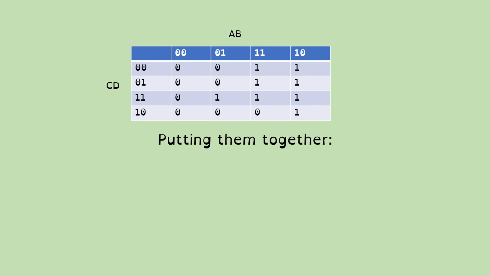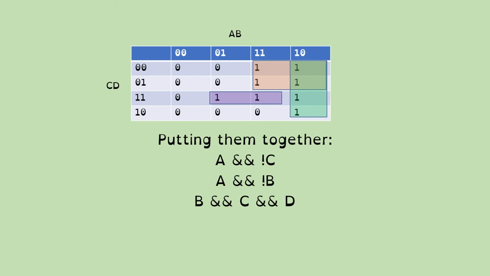So what we're going to do is combine these three regions to get our final Boolean expression for the output. We've got A and not C, A and not B, and B and C and D, and that represents three regions. To put them together, we just take those three terms and put them in ORs.